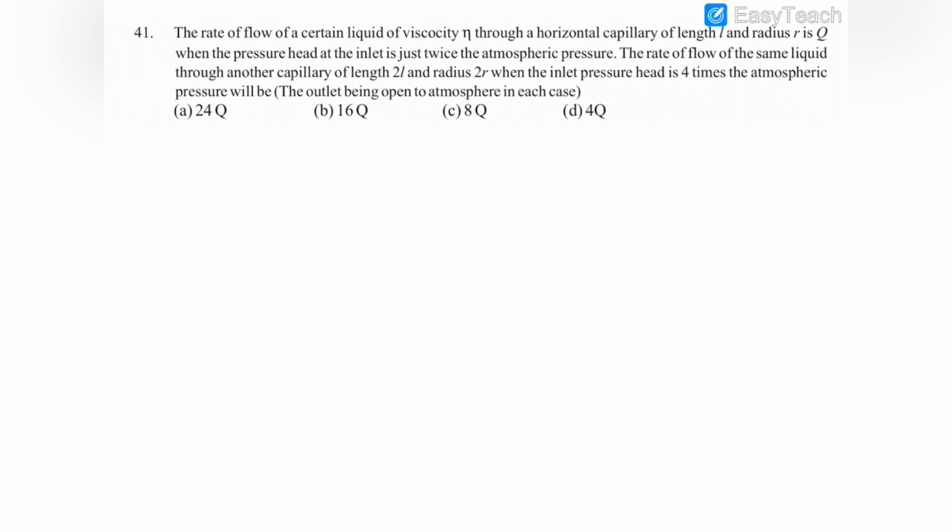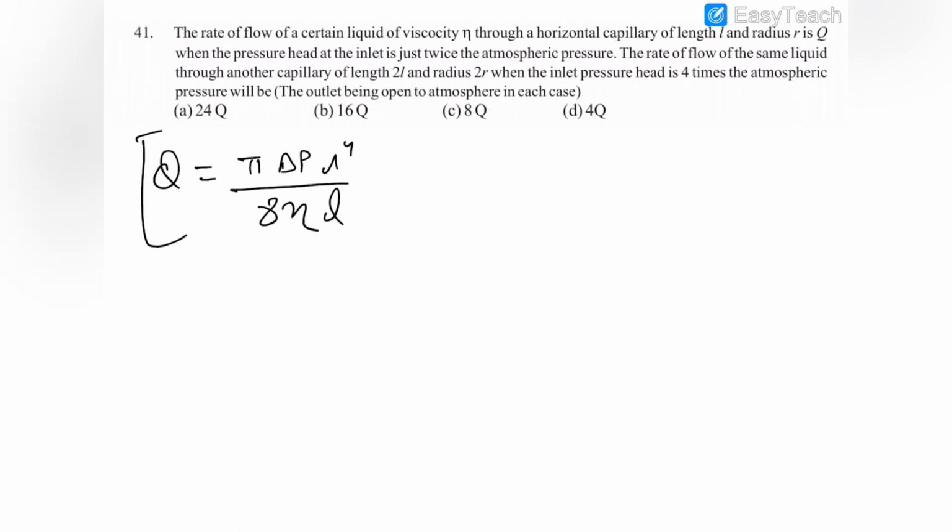So we know a formula for rate of flow through a cylindrical pipe as pi delta P into R to the power 4 upon 8 neta L. This we have already studied.